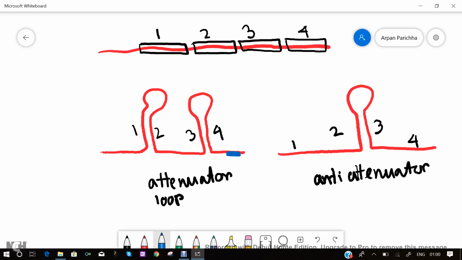But let's just take a moment to think why this attenuator loop is first of all formed, and second, if the attenuator loop is formed, why does the transcription not happen further? Why are the downstream genes not transcribed? So the answer is here.